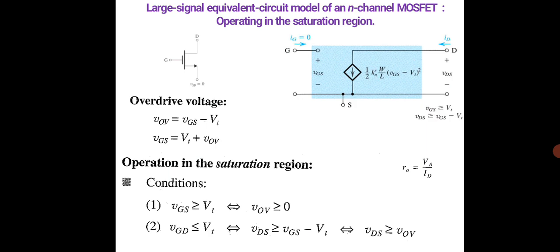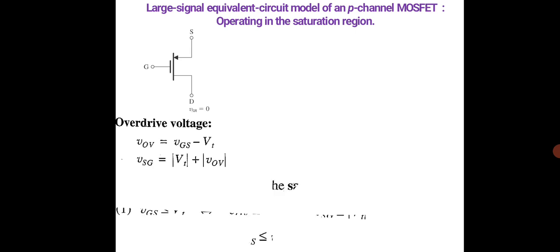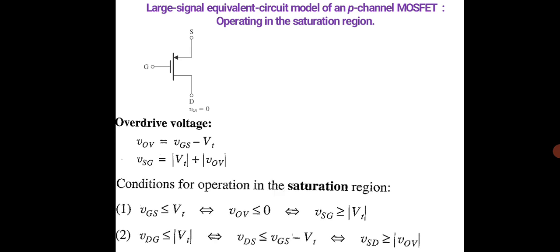R0, that is your output resistance, will be equal to VA by ID. Here you can write what is overdrive voltage and what is VSG, and the conditions for operating in the saturation region.